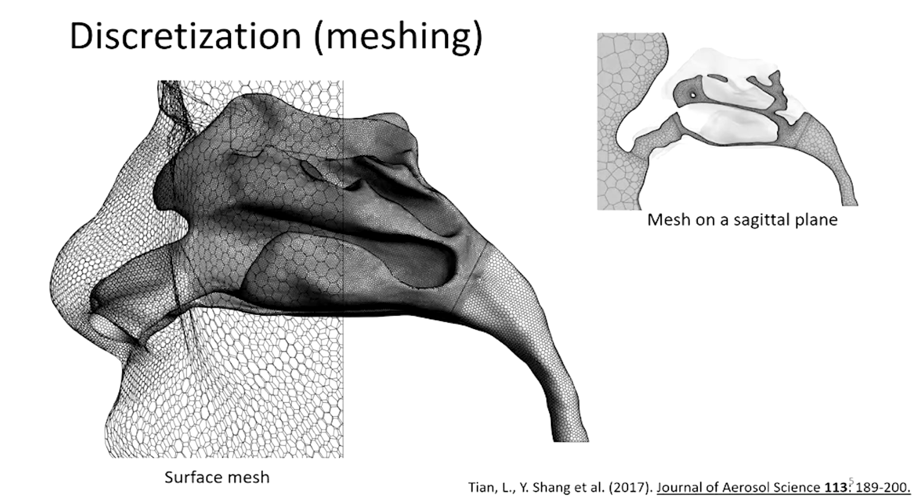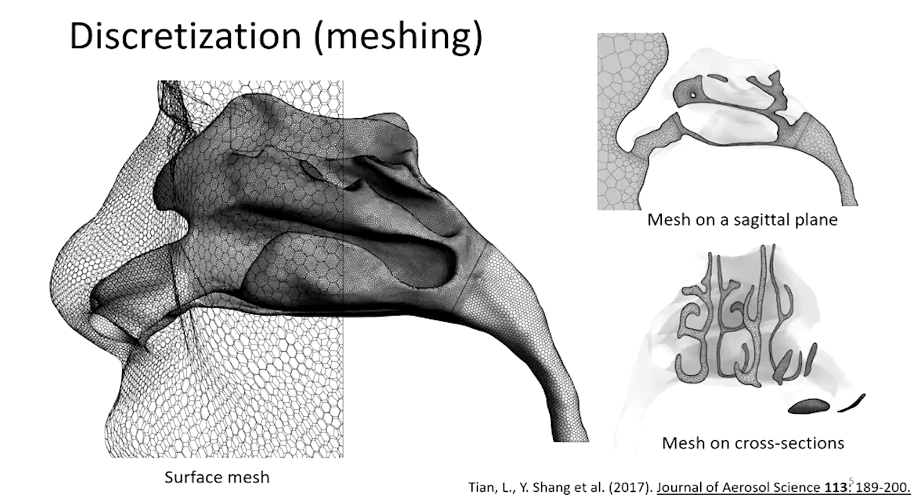Here, I would like to show you some pictures of the mesh on the model. At the left side is the surface mesh on the nasal cavity wall. And at the right side, this one shows the volume mesh on the sagittal plane.